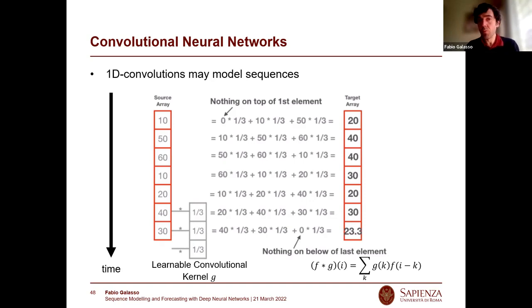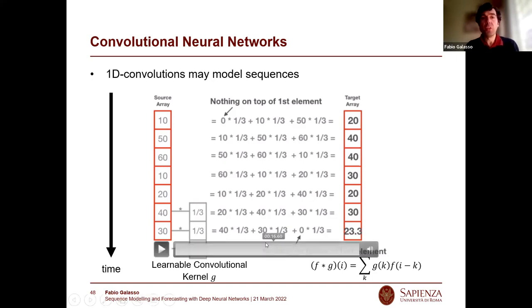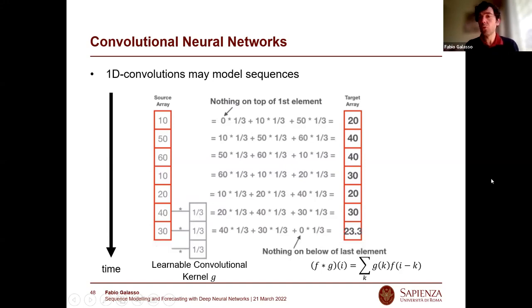But it's nothing more than this in its basic concept. And of course, the kernel of my convolution is what I'm going to be learning. This kernel is what learns how to manipulate the past in order to provide the future.